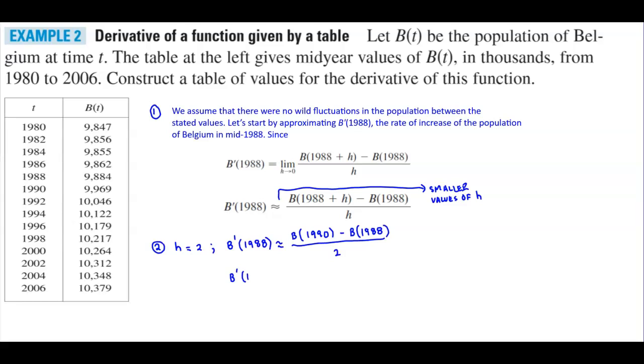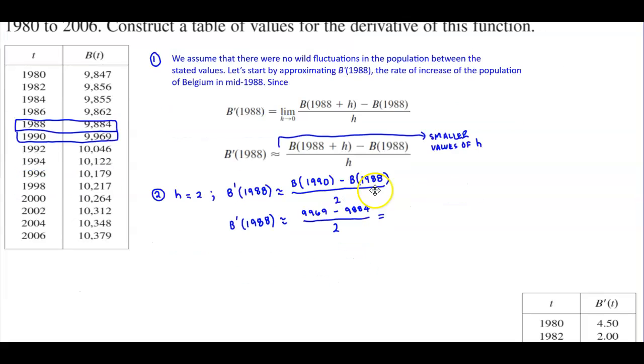So b prime of 1988 would then be, if we take a look at the output for 1990 and then the output for 1988, 9,969 minus 9,884, and then we divide that by 2, which is equal to 42.5.